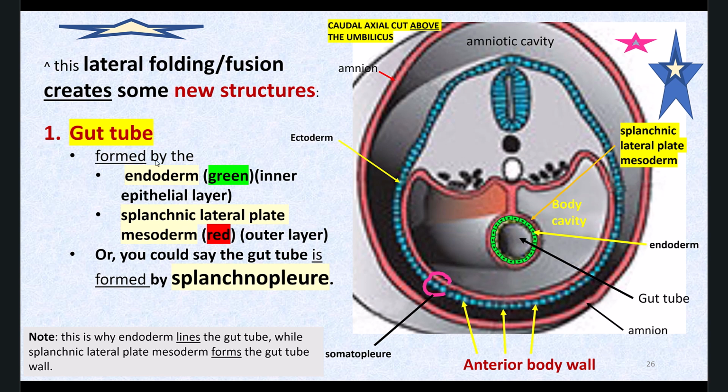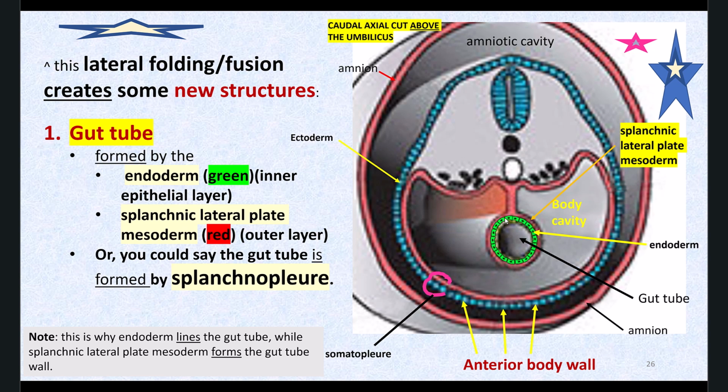All right, so gut tube, I think we got that. But you should know, so what makes the inner layer of the gut tube? In other words, what makes the epithelium, the simple columnar epithelium of the gut tube? Most of the gut tube is simple columnar epithelium. What makes it? Where does it come from? This green layer, what was that? That was endoderm.